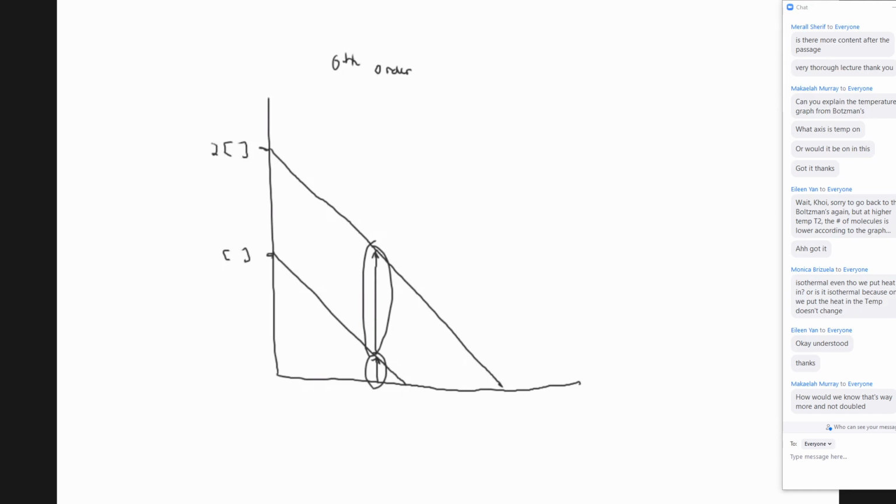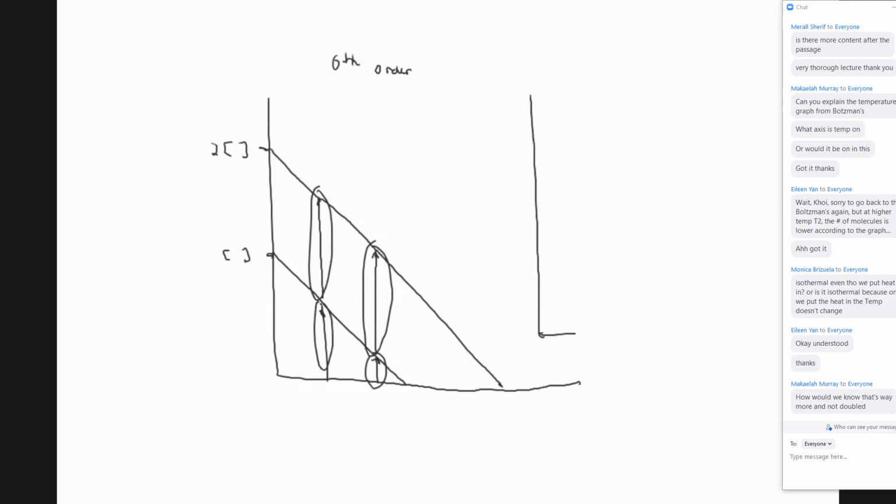The only time it's doubled is if this is equivalent to this. Does that make sense? So it only happens for first order.